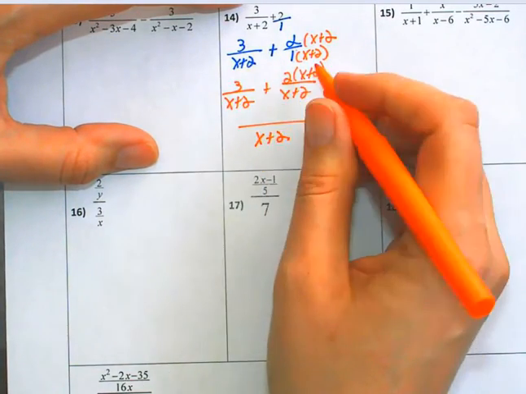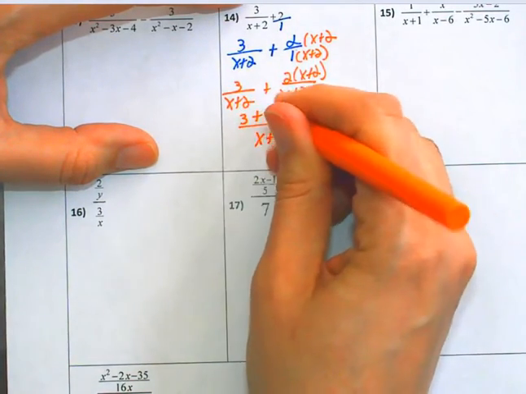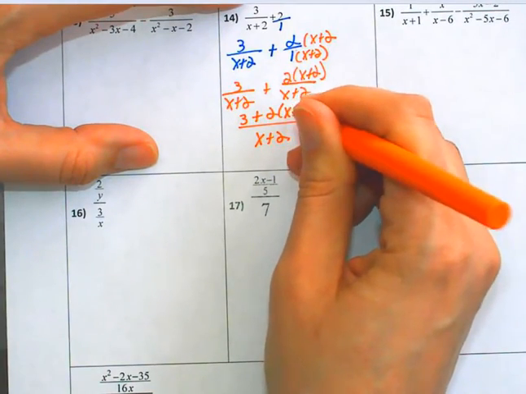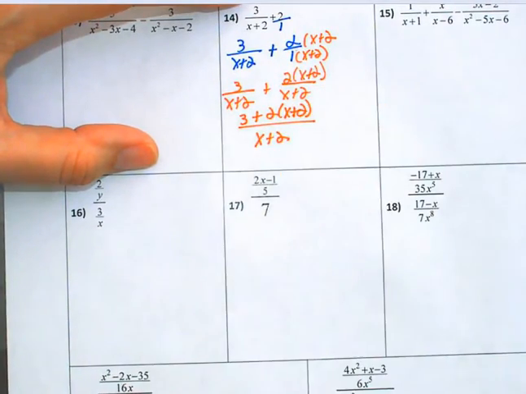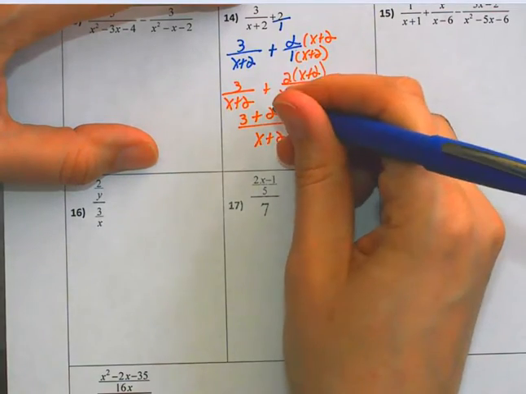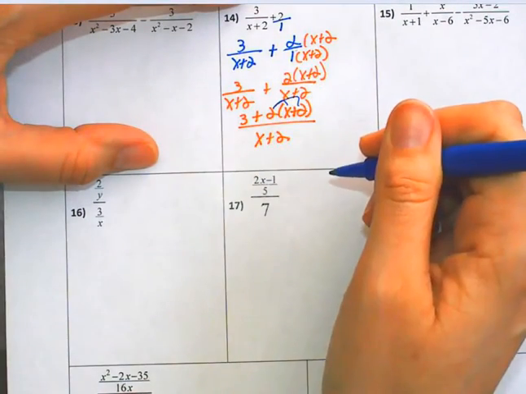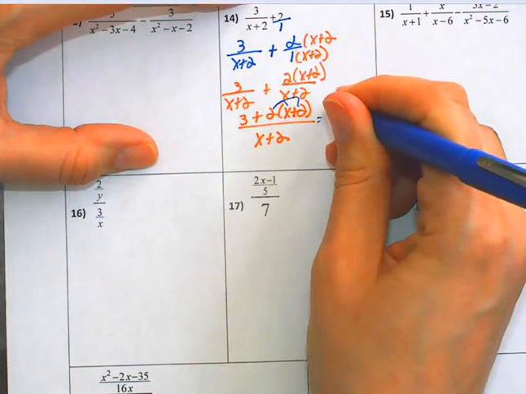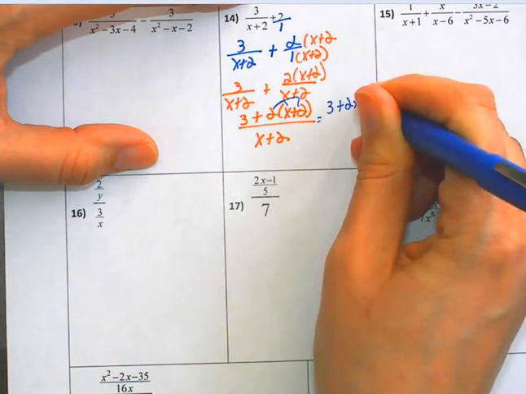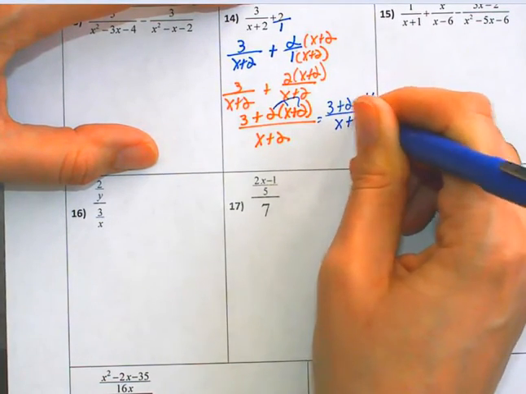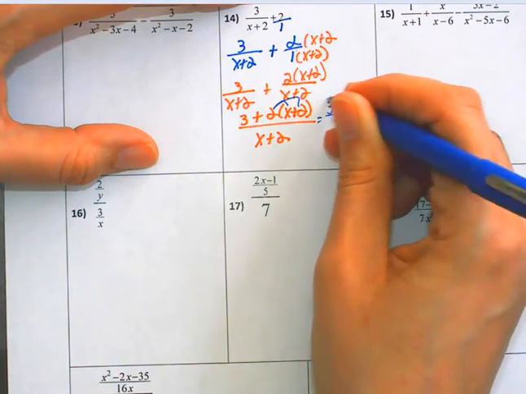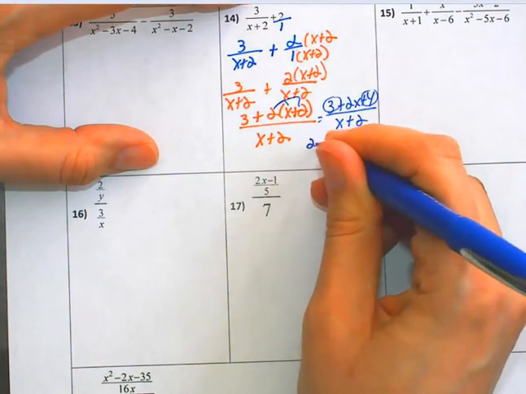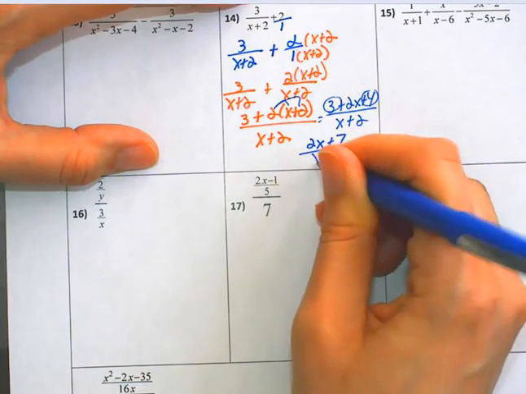And then I have 3 plus 2 times x plus 2. And then I can go ahead and simplify that by distributing that first. That's going to give me 3 plus 2x plus 4 over x plus 2. I can combine like terms, which gives me 2x plus 7 over x plus 2.